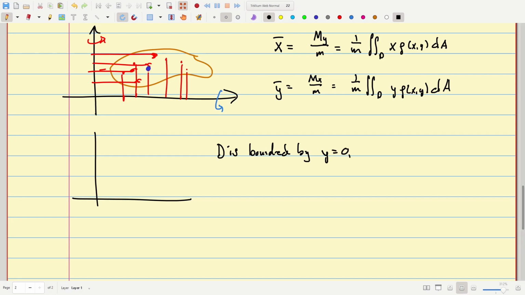D is bounded by y equals 0, y equals 2x, and x plus 2y equals 1.